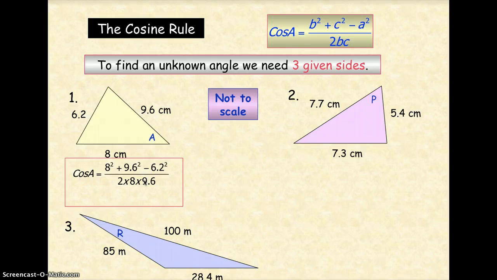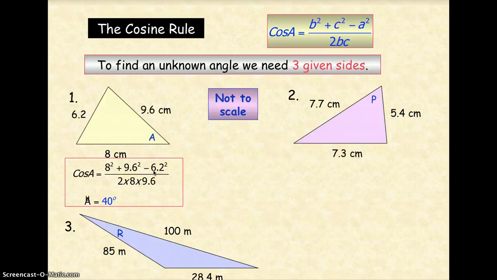That's all that you need to remember: the opposite side of the missing angle is the one you use to subtract. So the answer here is about 40 degrees.